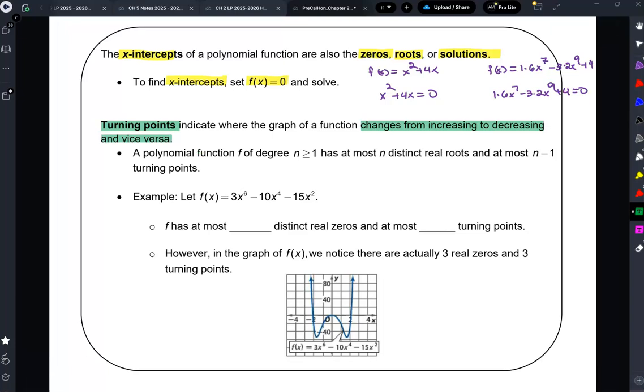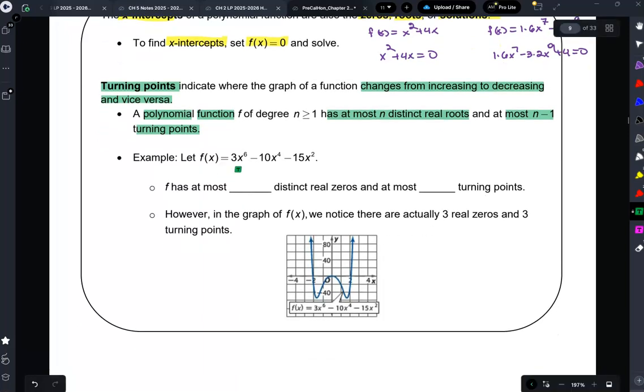So if you know the degree of the polynomial, which is the highest exponent in the polynomial, then the polynomial function will have at most n distinct roots. So if the degree of the polynomial is 5, it will have at most 5 roots and at most n minus 1 turning points. Memorize that like you've memorized your name.